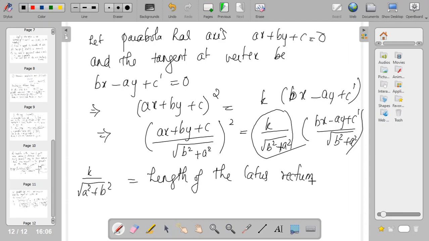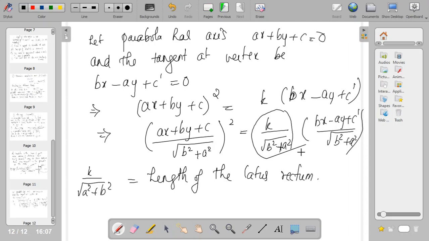So that is the equation of the parabola. The square of this distance will be equal to the length of the latus rectum times this distance. If you are given the equation of the axis of the parabola, the equation of the tangent, and the length of the latus rectum, then this expression gives the equation of the corresponding parabola.